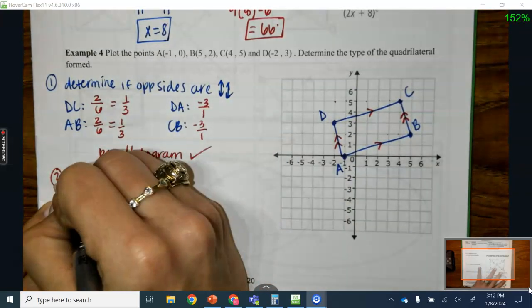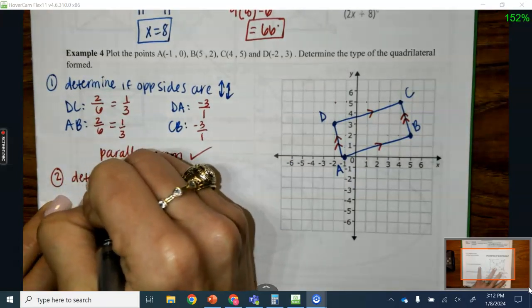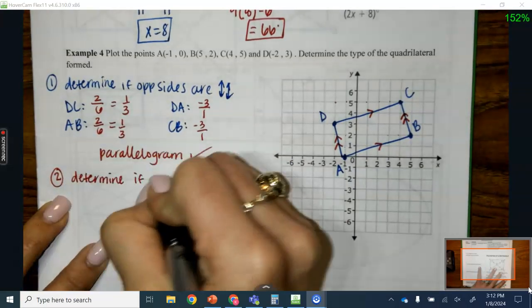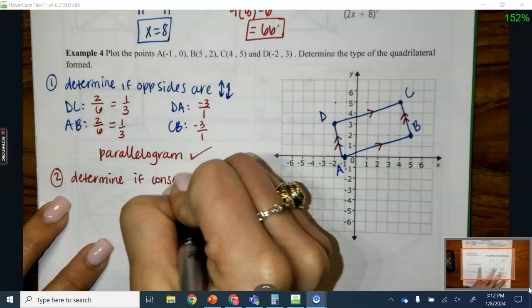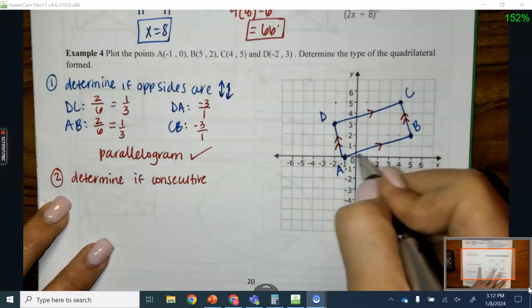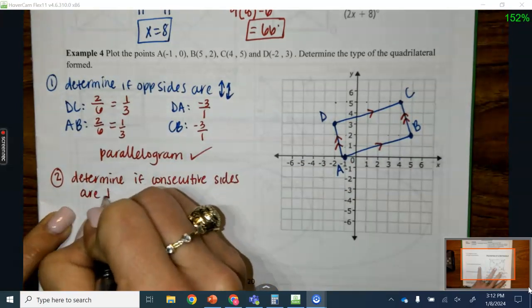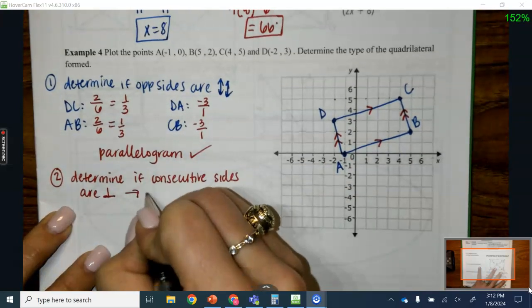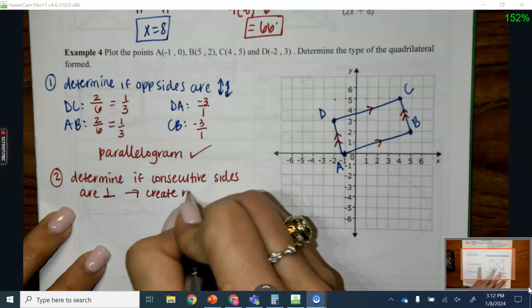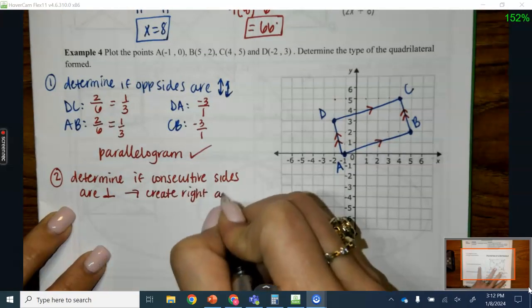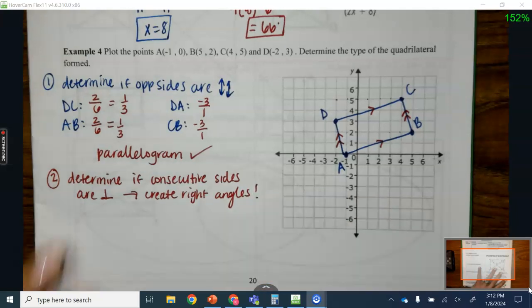Okay, so I want to determine if consecutive sides, not opposite sides, the sides that are right next to each other, are perpendicular. This is going to create the right angles. Remember, we need 4 right angles, right?